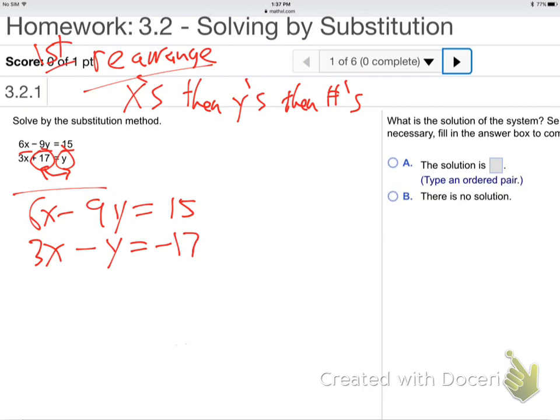So we're going to multiply the bottom equation by minus 2.